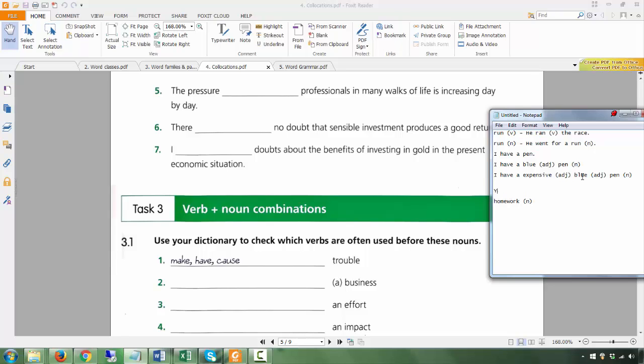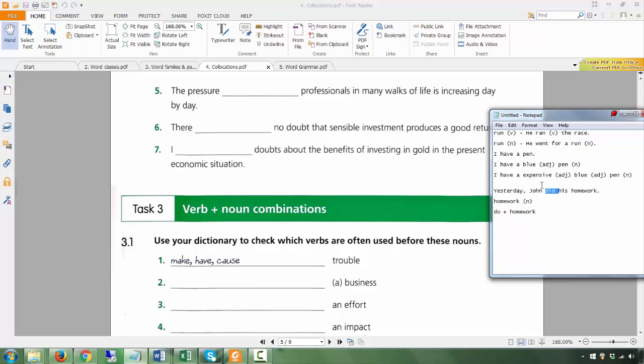So maybe yesterday, John is your subject, and then you need a verb. What his homework, right? So some students may put, well, the correct one is John did, because the verb do goes with homework. You need to use the correct verb, right?